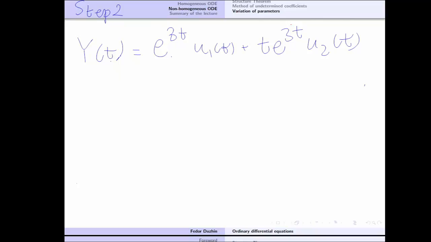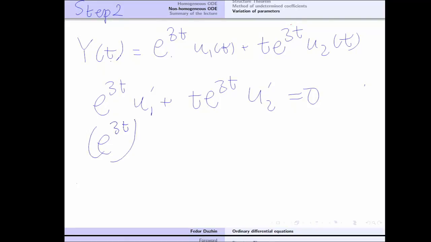The first condition is that if we just take e to the 3t and multiply by u1 prime plus t e to the 3t and multiply by u2 prime, this should be 0. And the second condition is that if we take the derivatives, e to the 3t prime u1 prime plus t e to the 3t derivative u2 prime, then we need to get the right hand side of the original differential equation, which is t squared.